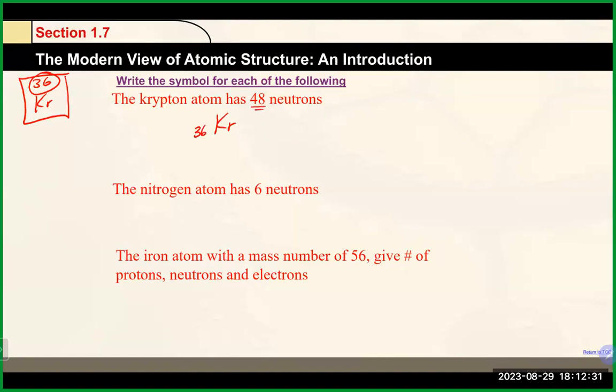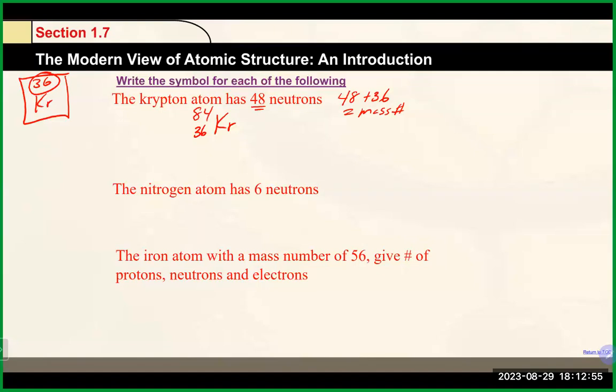Here we do have the neutrons given to us, so the atomic number is also the protons. So our mass number will be 48 plus 36, right? And that's going to get us 84, which would go up on top. Any questions on that one there?